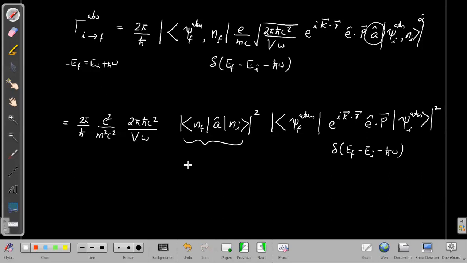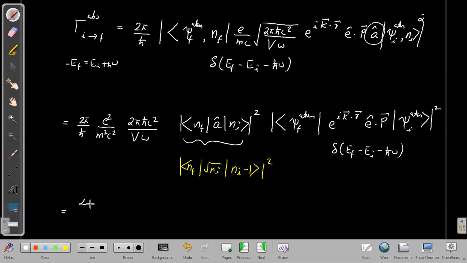This term, Nf A acting on Ni, is square root of Ni times Ni minus 1, because A acting on Ni reduces the quantum number by 1. So the square root of Ni square can be taken outside, that becomes Ni, and Nf with Ni minus 1 becomes a delta function Nf comma Ni minus 1. So we can have some simplification here.